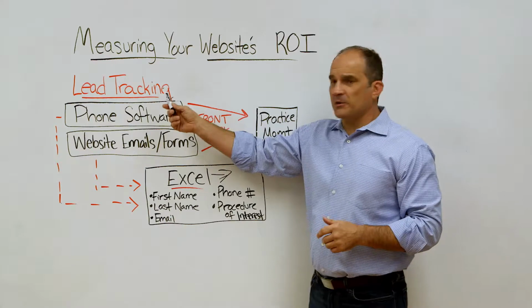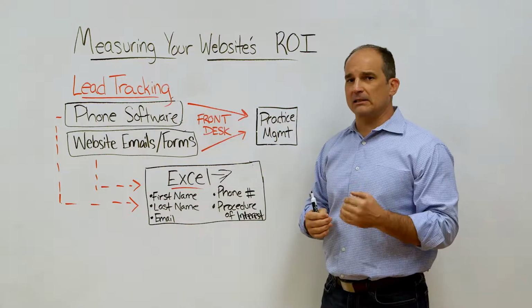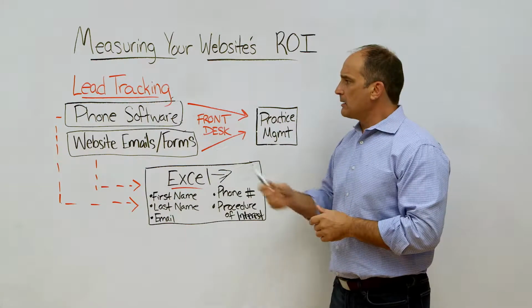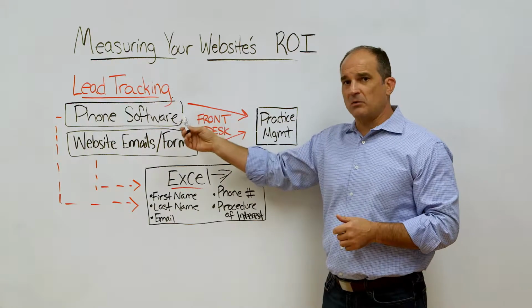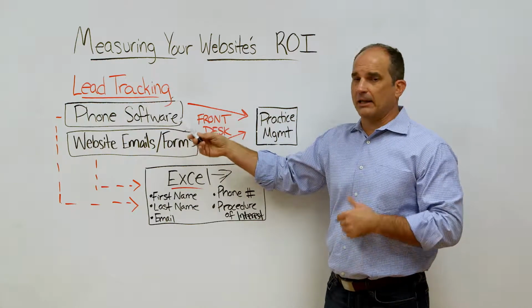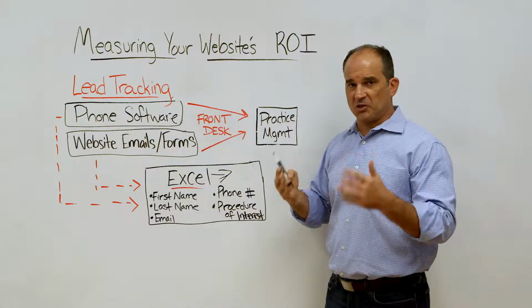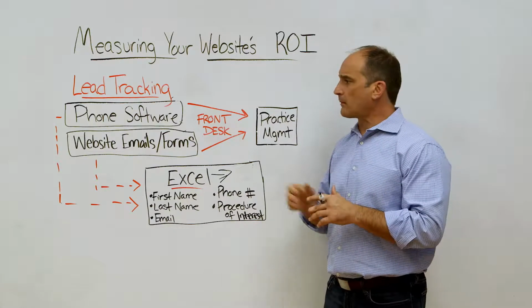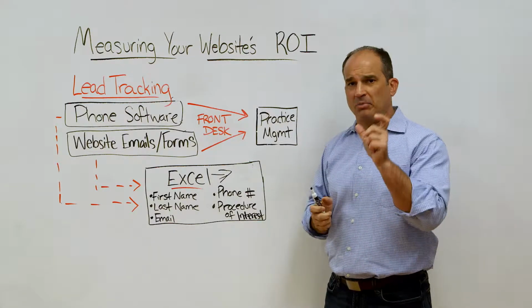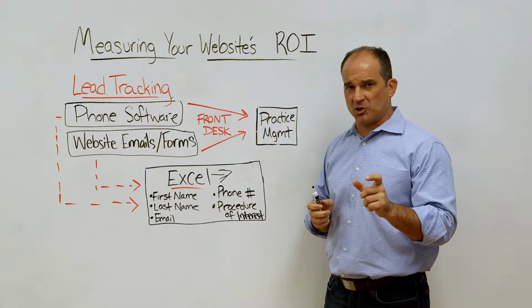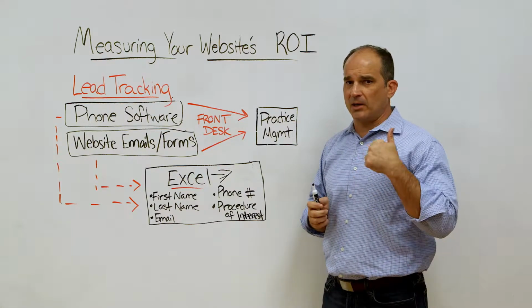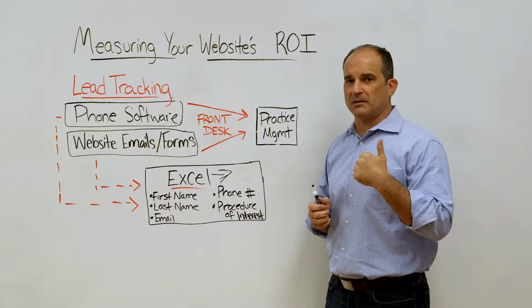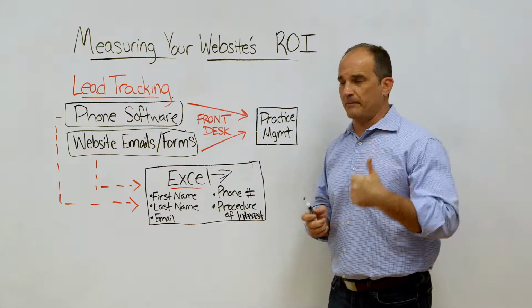So first, you have to have lead tracking. Lead tracking means you're going to have a phone software system, like CallRail, for example. They're cheap, a couple hundred dollars a month, and they allow you to apply unique phone numbers to marketing channels. So your website should have a unique trackable phone number. That's going to be the source number.